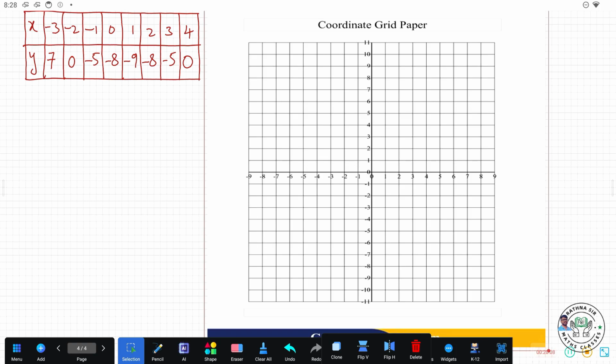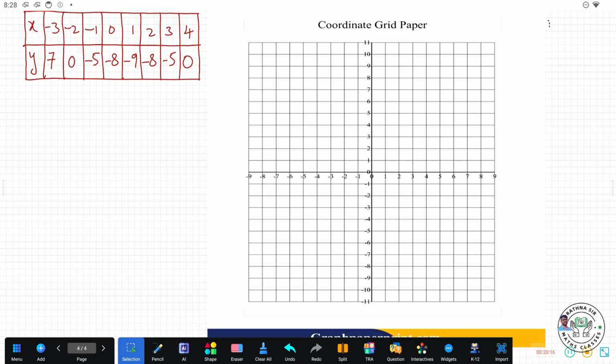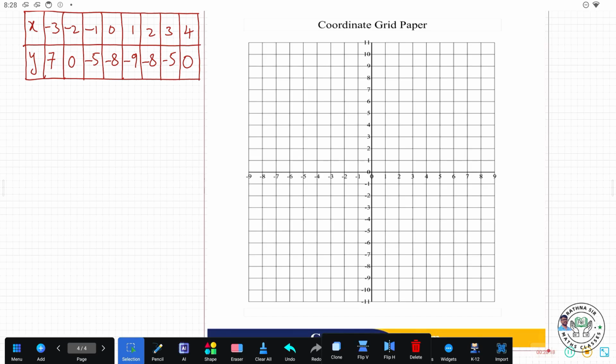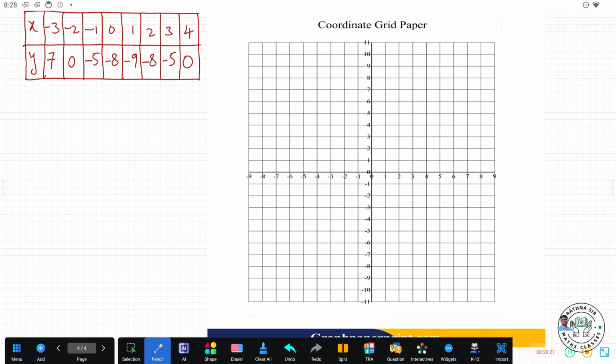Okay, here we are having the x-axis and y-axis. Here we are taking the scale. X-axis 1 unit is equal to 1, and y-axis is also 1 unit is equal to 1.